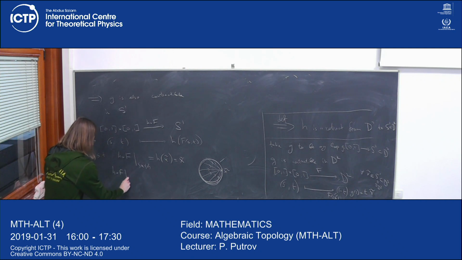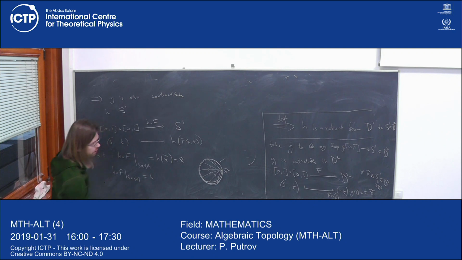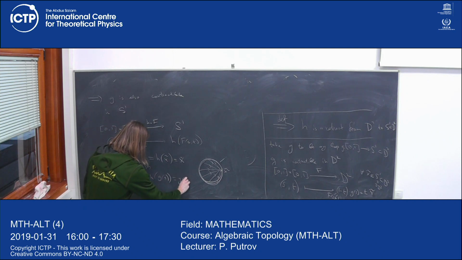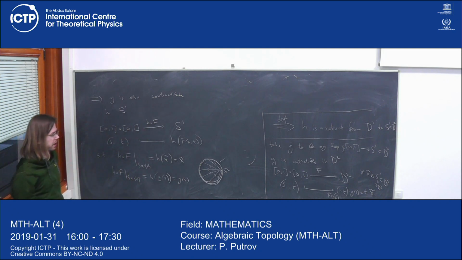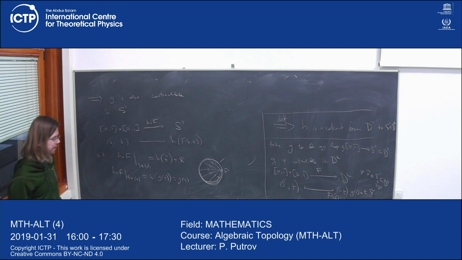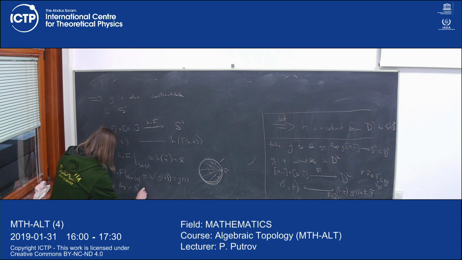And this restriction to the beginning of the homotopy interval is H of G of S, which is the same as G of S, right? Because G was a path inside S1, and H is the identity when restricted to S1. So this means that any loop in S1 is contractible.